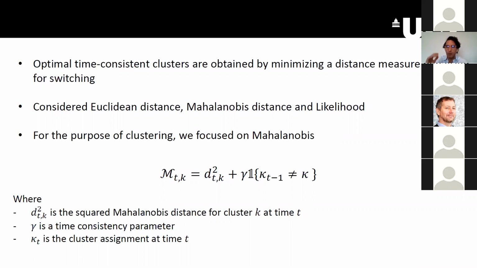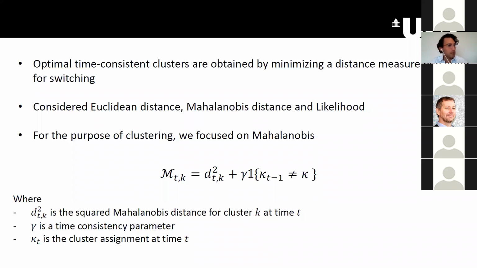For each observation, we compute a similarity or distance metric. I'm talking here in general terms because we consider different similarity measures, particularly the Euclidean distance, the Mahalanobis distance, and the likelihood. What we want is to maximize or minimize, depending on which one we are considering, this measure, but penalized for switching.